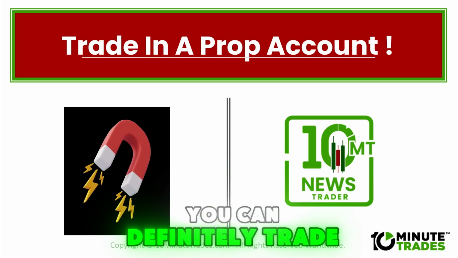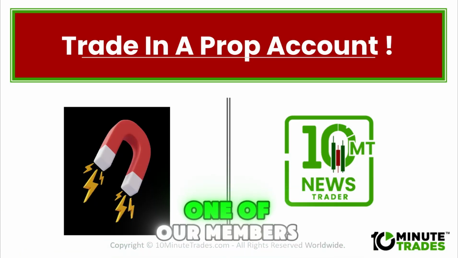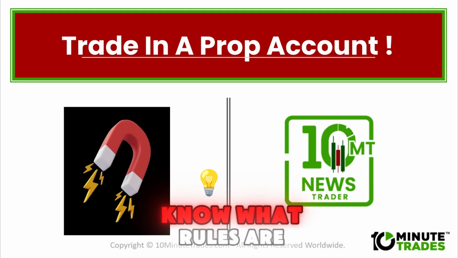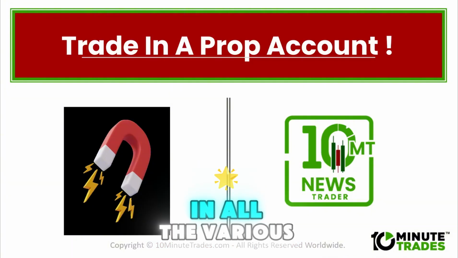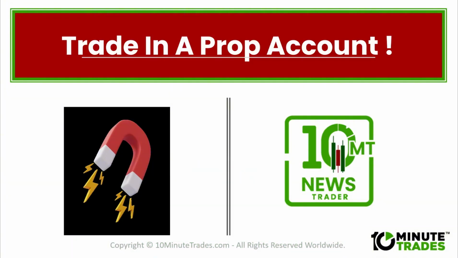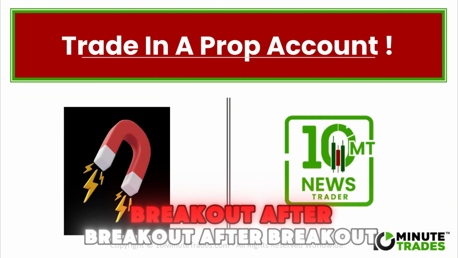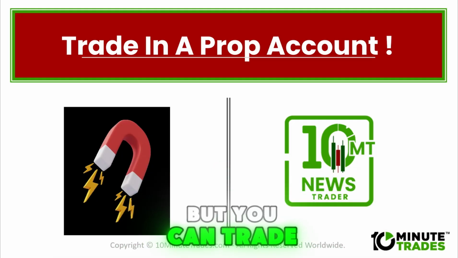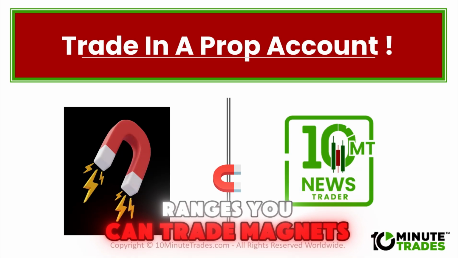You can definitely trade with us in a prop account. One of our members took a payout today. You have to know what rules are in all the various prop accounts. You're not going to trade breakout after breakout after breakout because that's not allowed, but you can trade ranges, you can trade magnets.